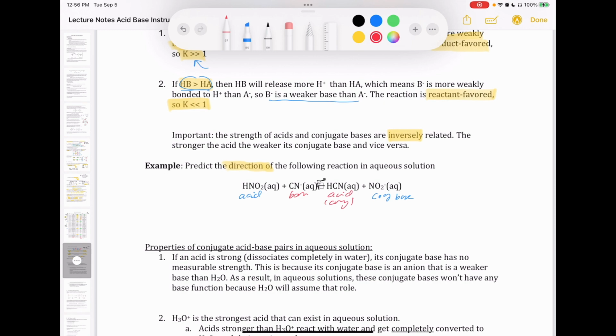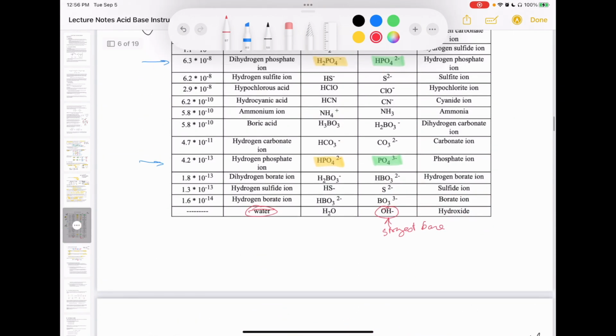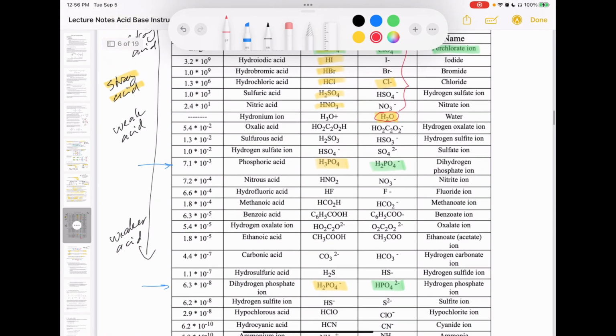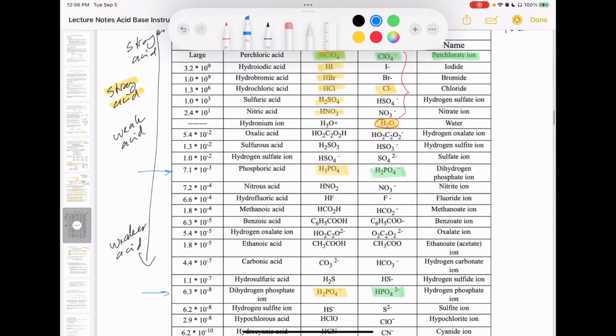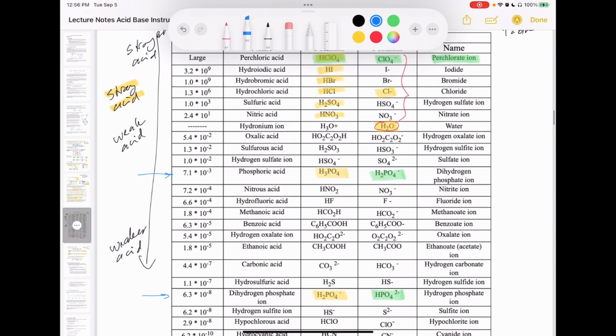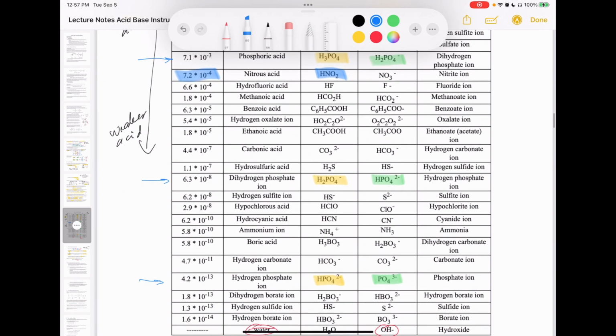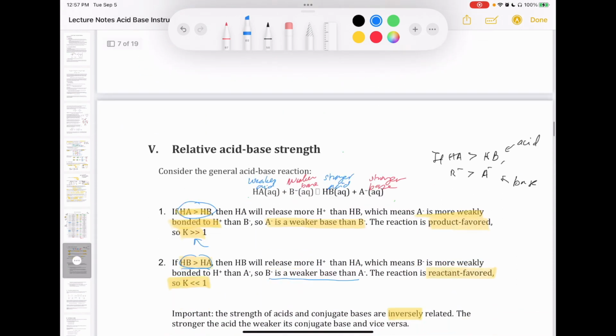And so you're comparing the two acids, HNO2 and HCN, and seeing what the strength of those two are. So you go to the Ka value, and looking at the HNO2, we see that right here. That's the Ka value, about 10 to the minus 4. And then we look at HCN, which is right here, and its Ka value is 10 to the minus 10. So HNO2 is a stronger acid than HCN based on Ka value.